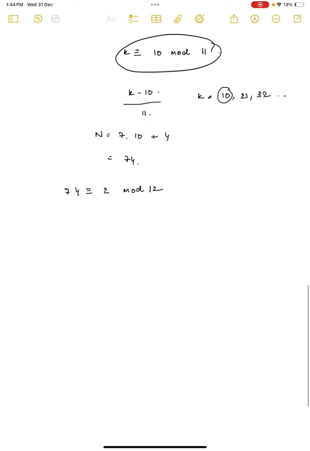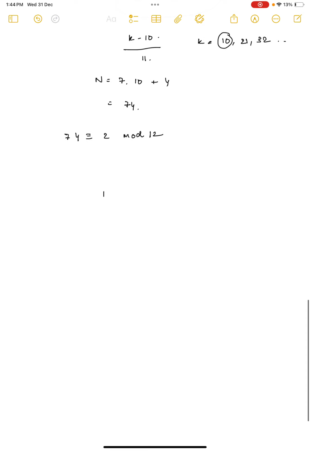Let's do the other way. That is, 11l plus 8 is congruent to 4 mod 7. So 11l is congruent to minus 4 mod 7.